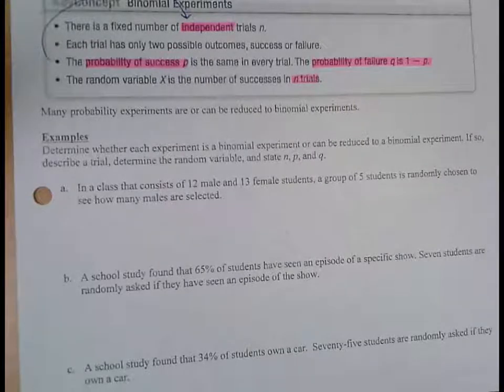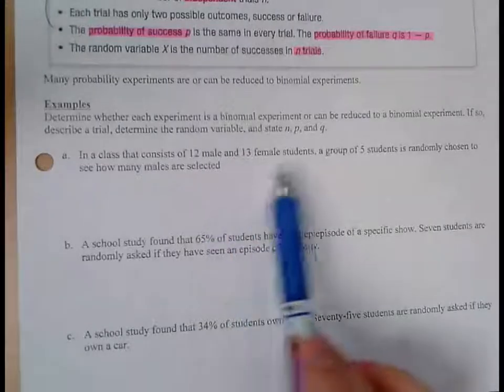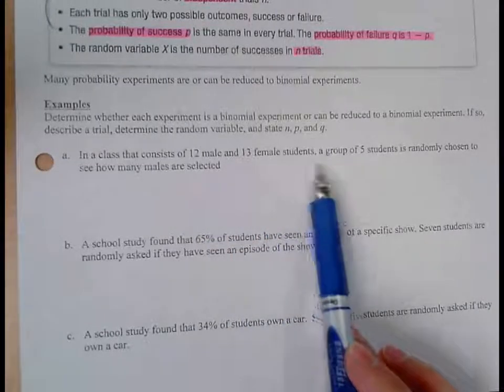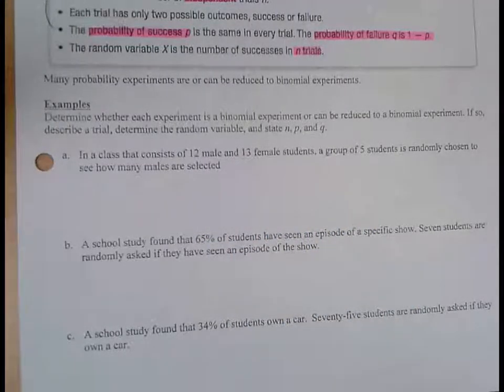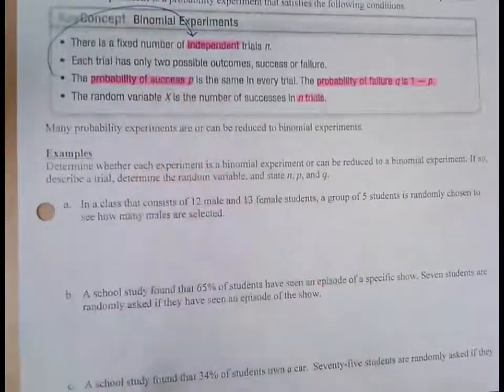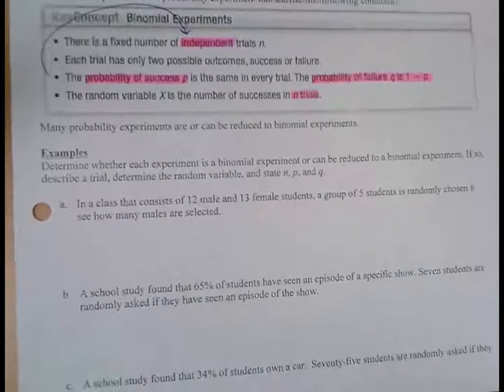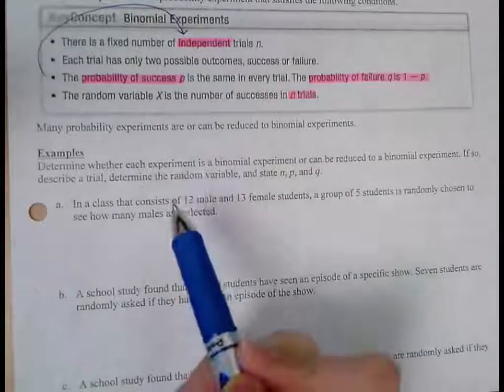So letter A, it says, in a class that consists of 12 male and 13 female students, a group of 5 students is randomly chosen to see how many males are selected. Okay, so looking at this list up here, these are things you need to make sure are actually happening in the experiment for it to be a binomial experiment.